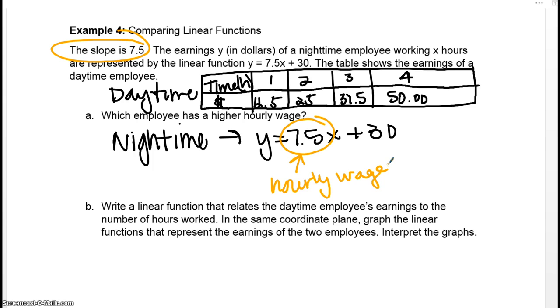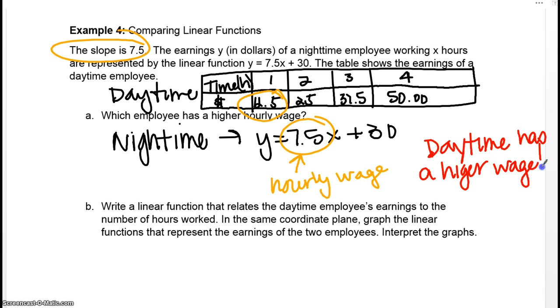Now I need to figure out, first of all, who has the higher hourly rate? Well, after 1 hour, the daytime employee is making $12.50, and the nighttime employee is only making $7.50. So the employee with the higher wage is definitely the daytime. So daytime has a higher wage.